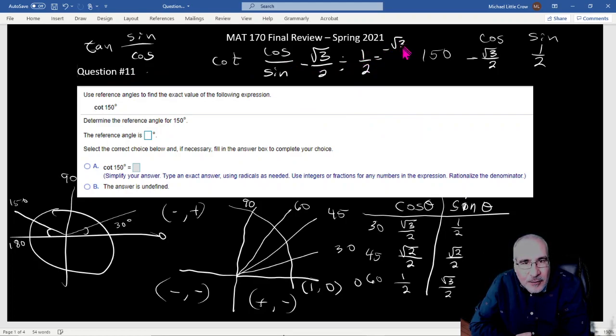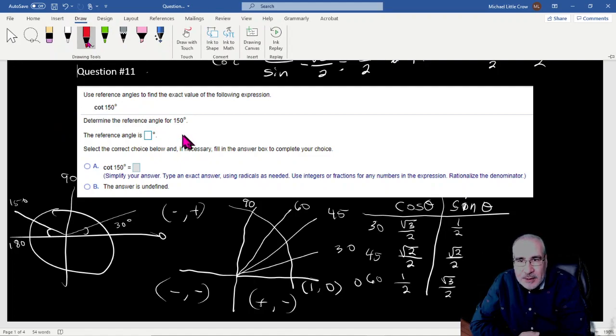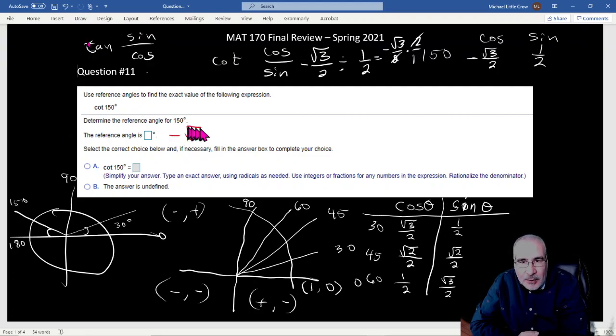Negative square root of 3 over 2 times 2 over 1. 2 divided by 2 is 1. It's just going to be negative square root of 3. And so we're going to say negative square root of 3.